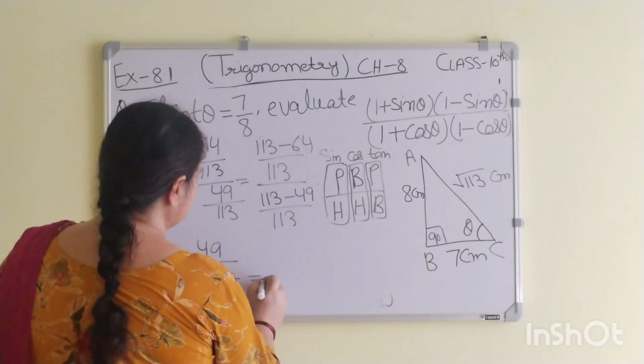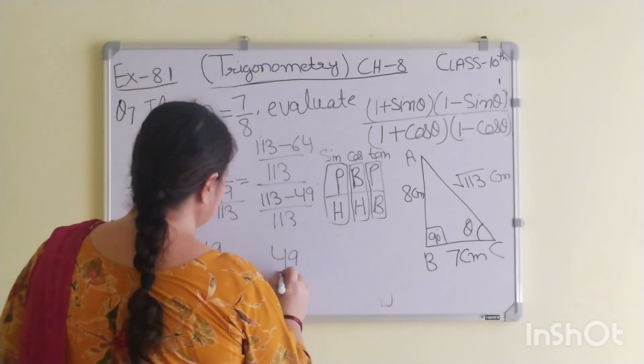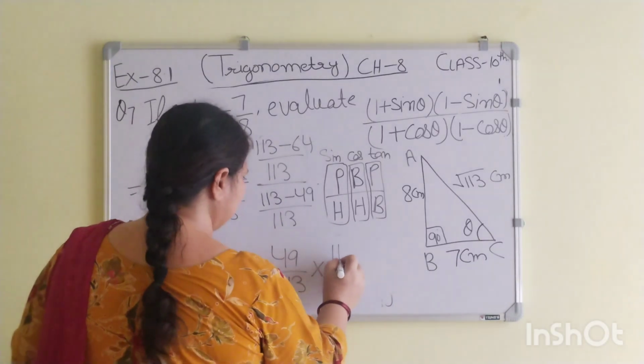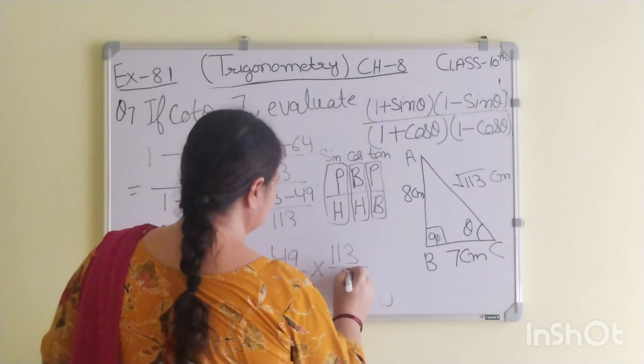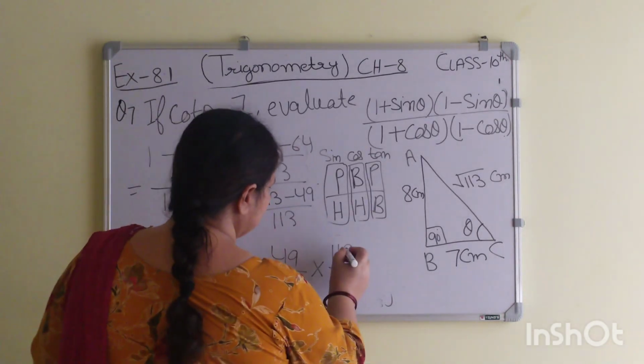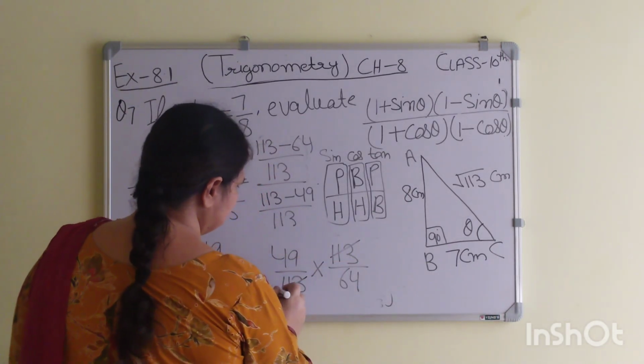So 49 upon 113 multiplied by 113 upon 64. So we can cancel it.